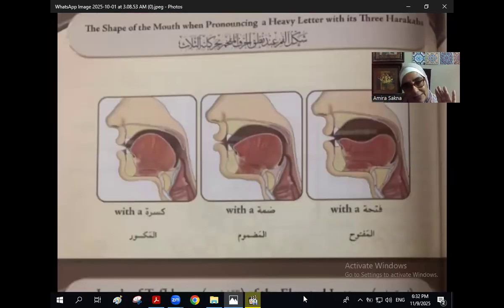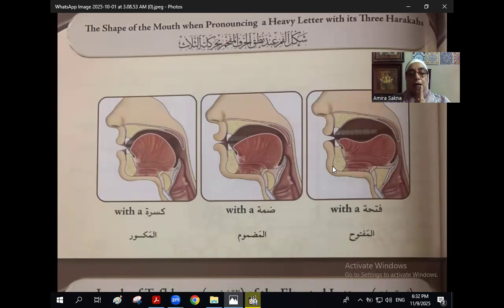Well, my dear sisters, we did say that a مفخم letter becomes مفخم, or heavy, or full mouth, because of the echo which happens inside the mouth and the epiglottis position. Yes? Okay. Now we have a very good question.